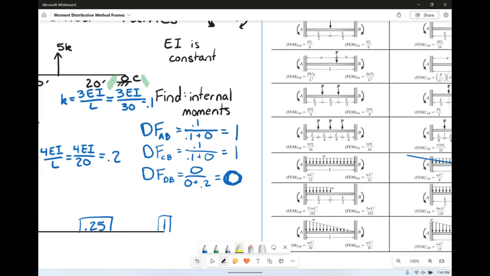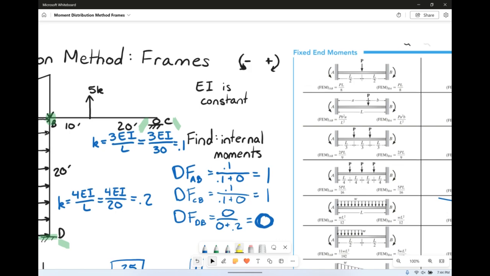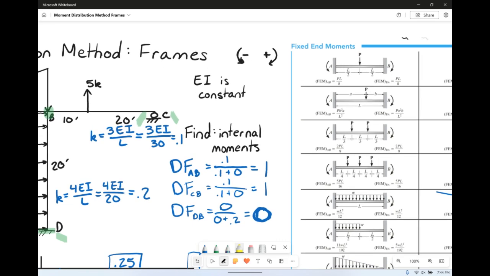So if we go over here and look, we've got 2 fixed ends with uniformly distributed load, and we find that the fixed end moment is WL squared over 12. Again, we do need to remember our positive and negative directions. So we have negative for A, and positive for B.